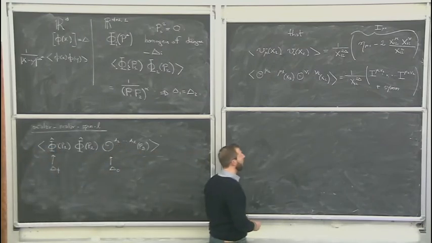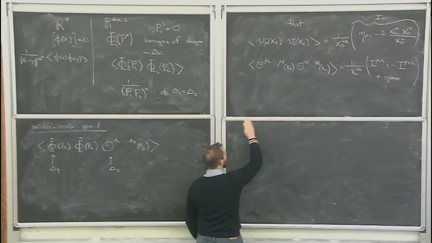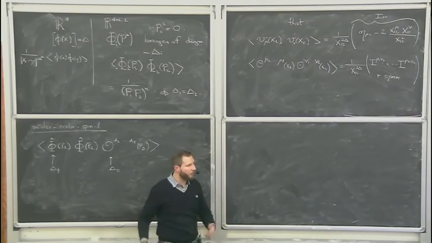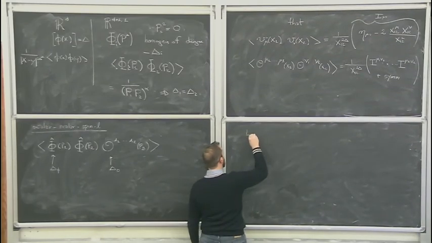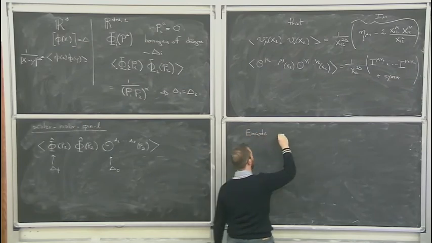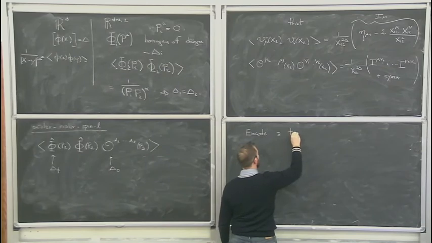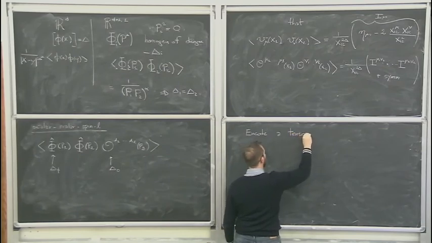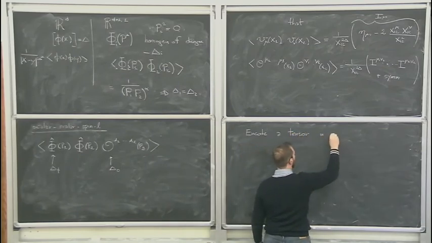This is a generic fact, and it turns out to be very useful in this kind of computation. You can always encode a tensor in a polynomial.